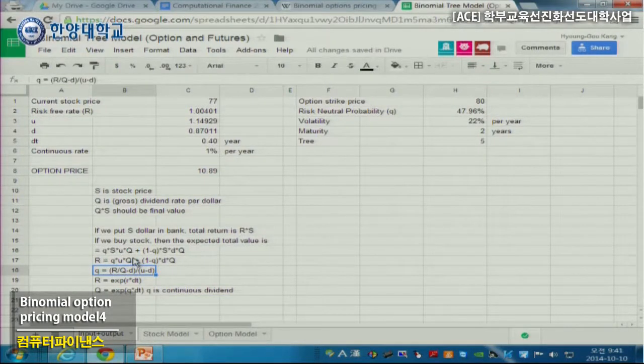And then again we can think about the same story. What if R divided by Q is greater than U or smaller than D?